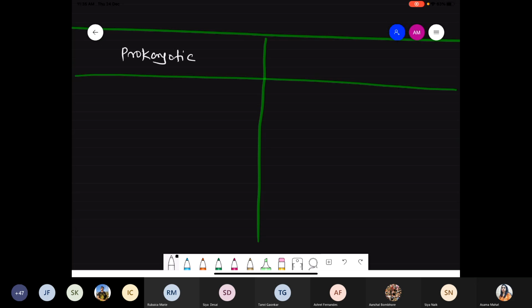Prokaryotic cell, we compare this point with eukaryotic cell. First of all, number 1 point, cell wall. You know very well, prokaryotic cell is nothing but the bacterial cell.